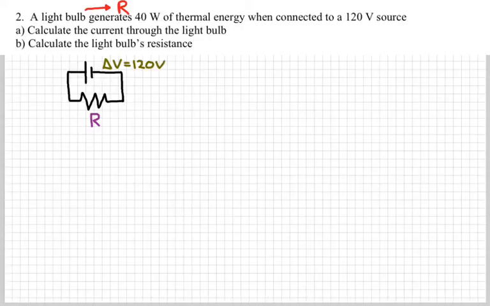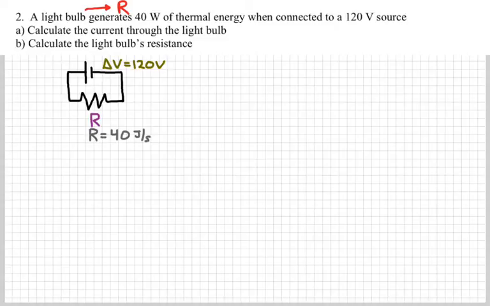And then the last thing I know is the power dissipated by our light bulb. I know that it's dissipating 40 watts of power. So resistance R is unknown, but the power is 40 joules per second, like that.